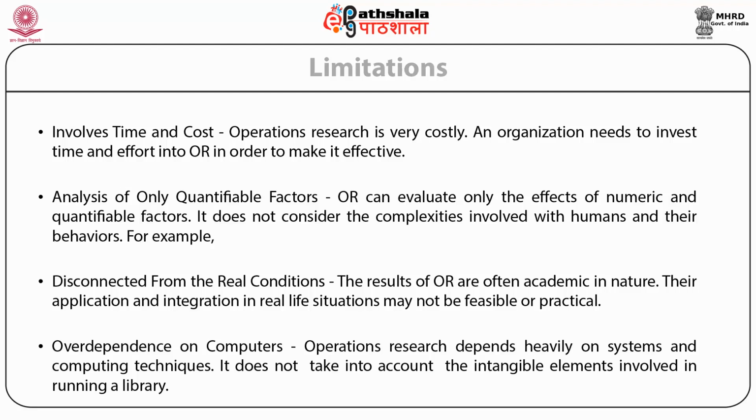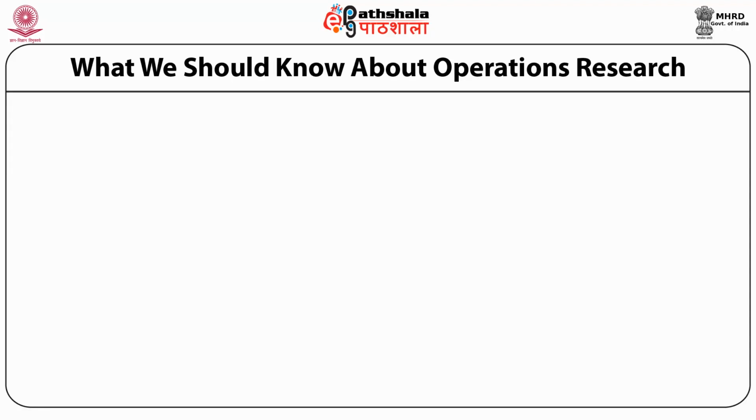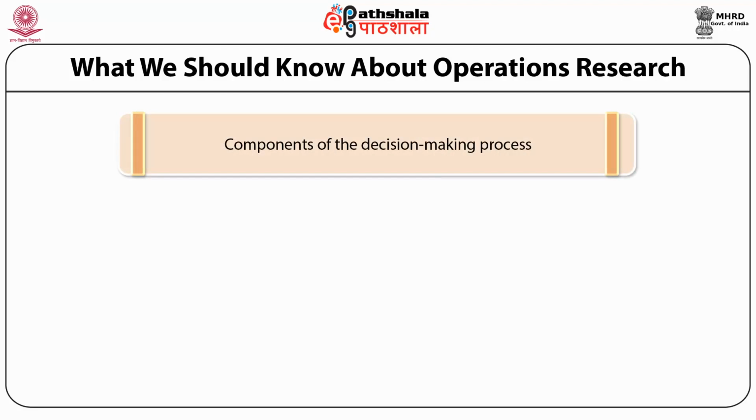situation. What should we know about operations research so that we can make it successful in our library situation? Firstly, we must know the components of the decision-making process. In the libraries, like other organizations, there are three levels of management, which are very much visible in other organizations, but in libraries, not so much visible in majority of the cases.